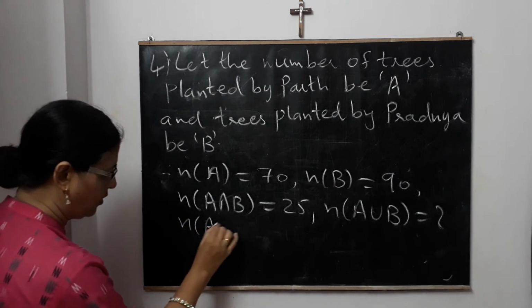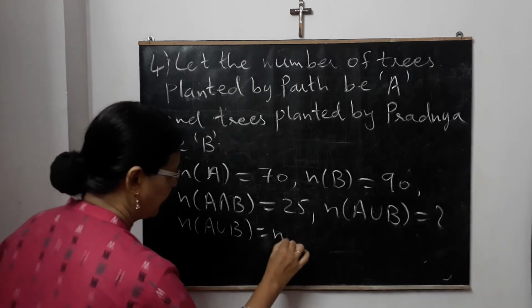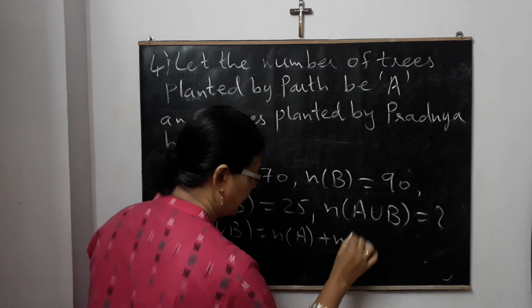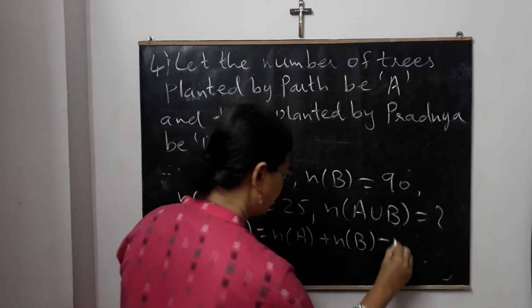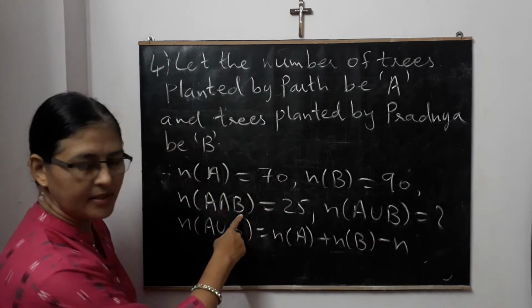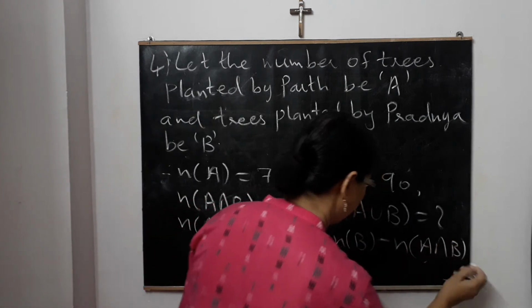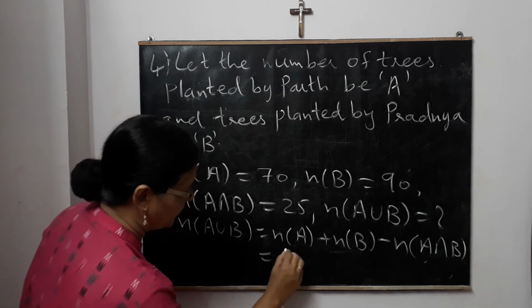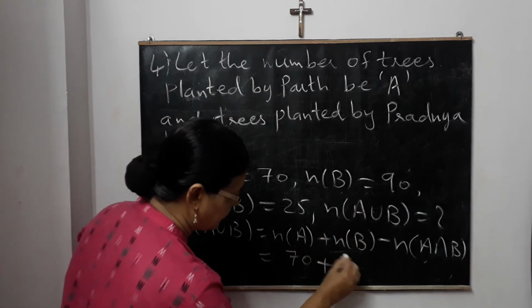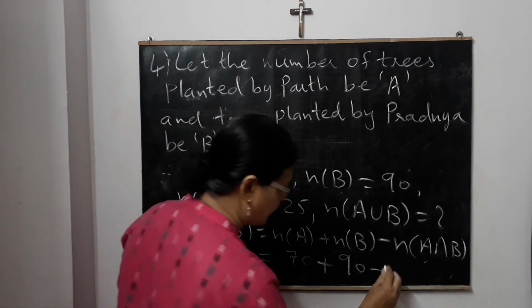N of A union B will be N of A plus N of B minus N of their intersection. That is given as 25, so N of A intersection B. Just substitute the values. What is N of A? 70. B is 90, and minus 25.